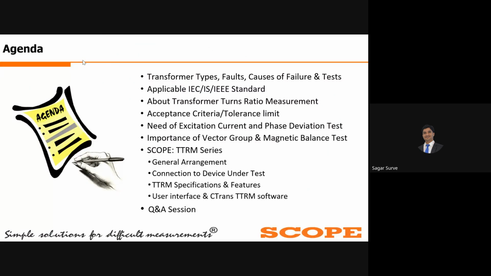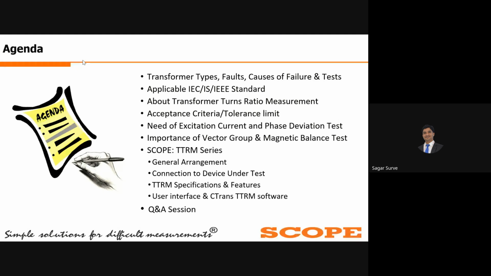So coming to the agenda of today's topic. Today we are going to discuss transformer testing, basically transformer turns ratio measurement and magnetic balance testing. First we'll discuss the basics of the transformer, its types, various faults and causes of transformer failures, then the test standards applicable for transformer testing, and then transformer turns ratio measurement, its acceptance criteria or tolerance limit.